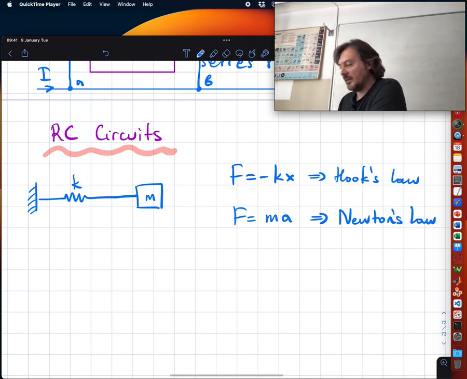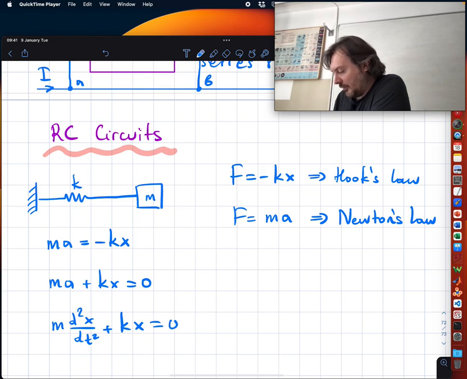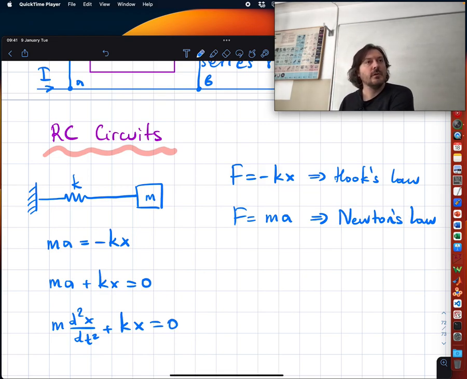If you put them together, you have ma equals minus kx, or ma plus kx equals 0, or m d squared x over dt squared plus kx equals 0, right? This is the simple harmonic oscillator.